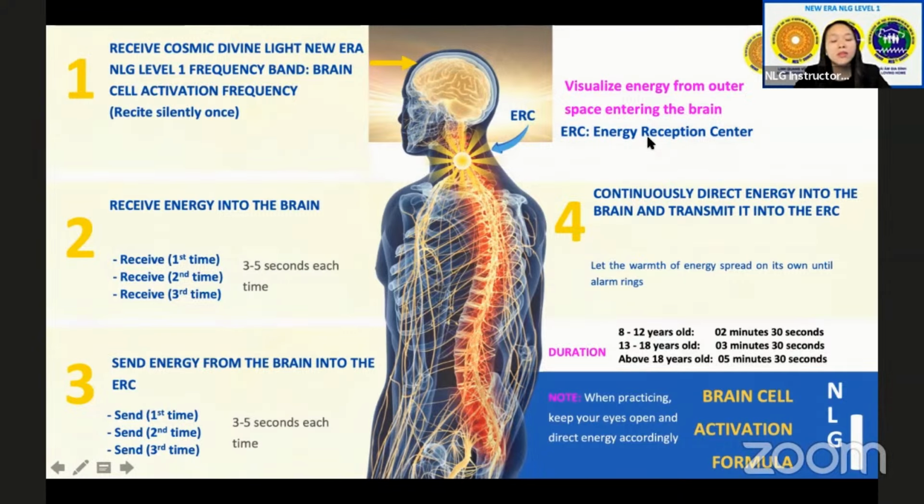Don't bother yourself with what this energy looks like or what color. Just visualize that there's energy from outer space entering your brain. In your head, you recite receive first time, and then you wait for 3 to 5 seconds. There should be a delay in between. Receive second time, and then receive third time.